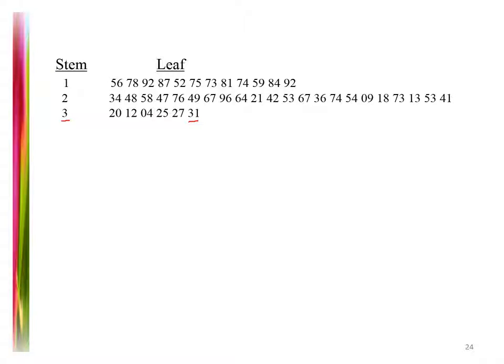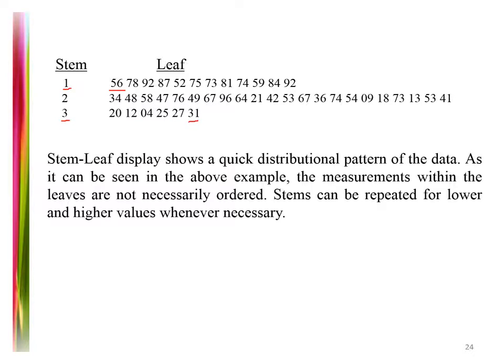The first one is 156. So this is an easy way. The stem display shows a quick distributional pattern of the data, as can be seen in the above example. The measurements within the leaves are not necessarily ordered, but if you arrange them in increasing order, the pattern is pretty nice.